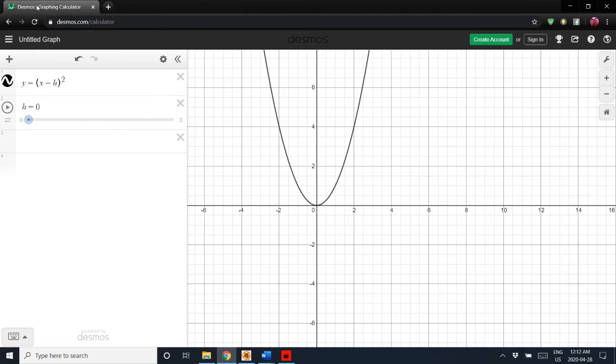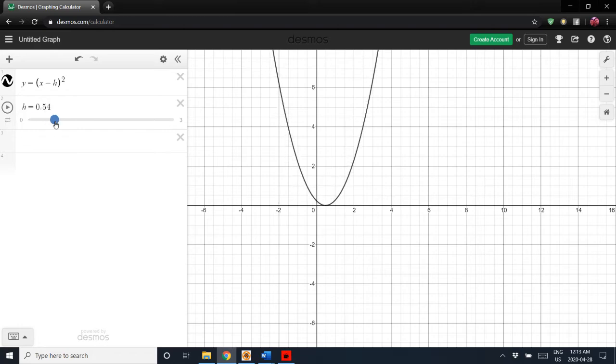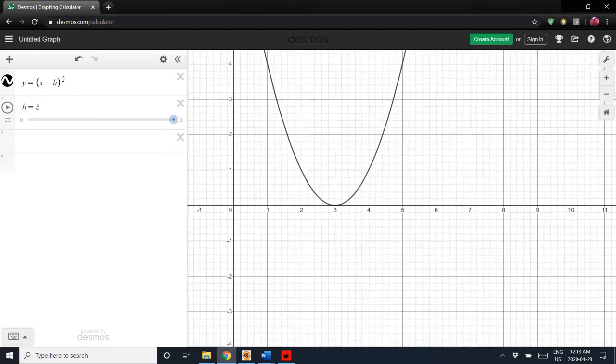We can see that's our parent function there. And what happens when we slide to a value of 3? Let's take a look. So, ooh, there it goes, on its way. And what value is he sliding towards? Let's take a look.